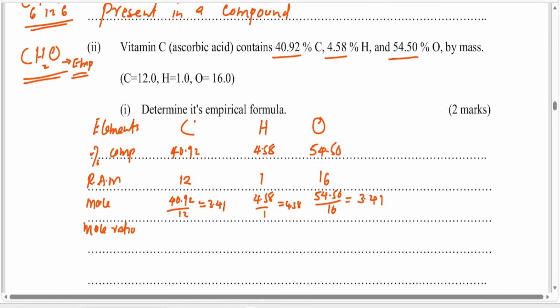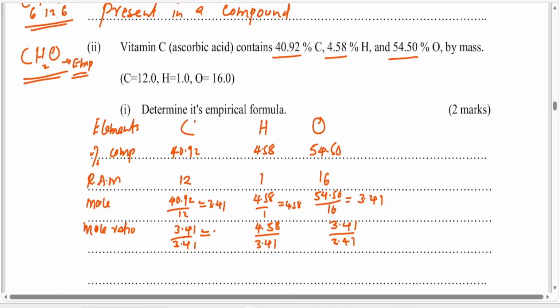For the mole ratio, we look at the moles that we have, then we divide each by the smallest. The smallest is 3.41. So this is 3.41 divided by 3.41, 4.58 divided by 3.41, and 3.41 divided by 3.41.